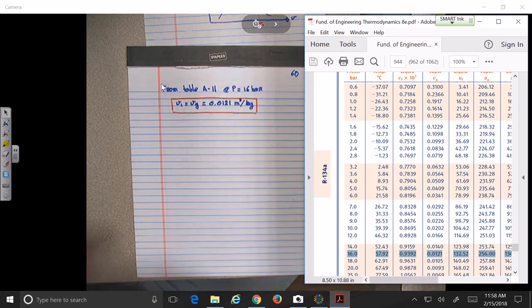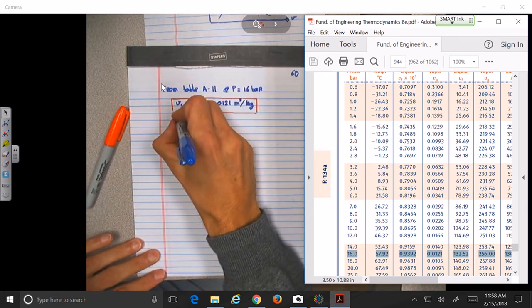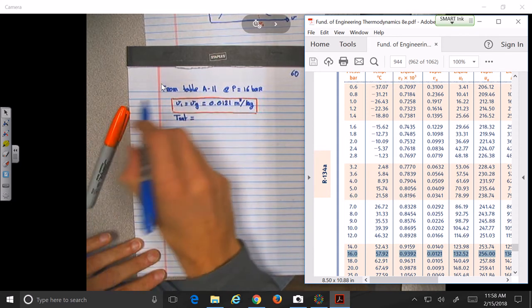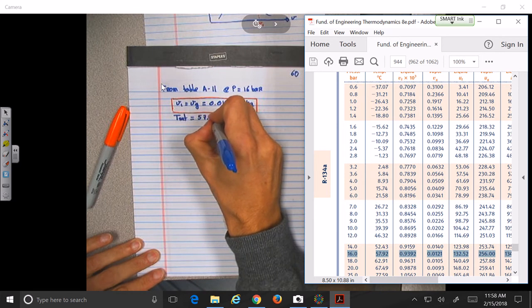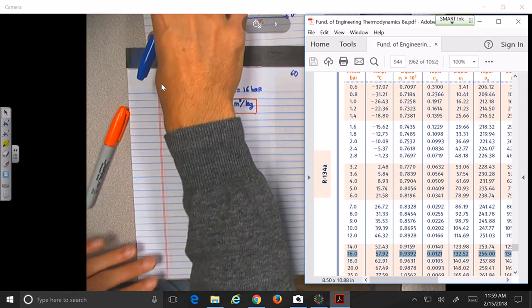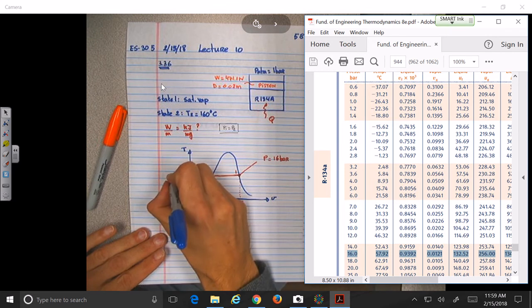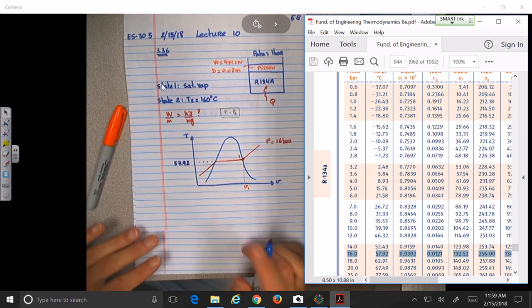Okay. Also from the table, what do we know is the saturation temperature at that pressure? 57.92 Celsius. So if I come to this figure, I know over here is 57.92. Why am I doing this?